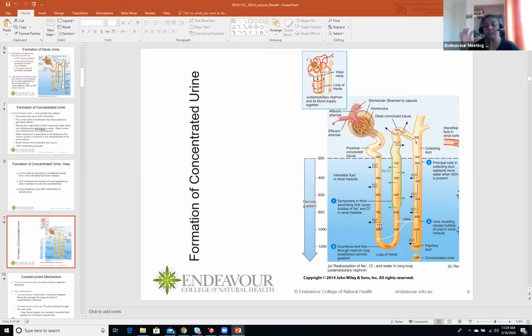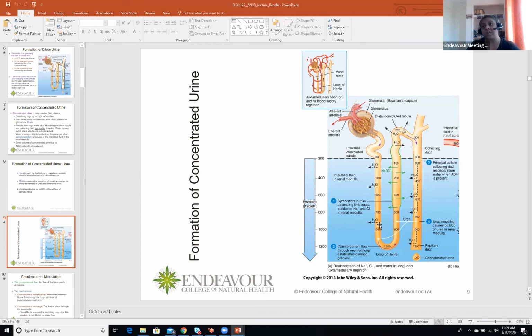So in a concentrated urine, that strong smell comes from that excess of urea which is being put back into the renal tubules. This is just to maintain the osmolarity of the tubules so that concentrated urine can be created and water reabsorption can be maintained.